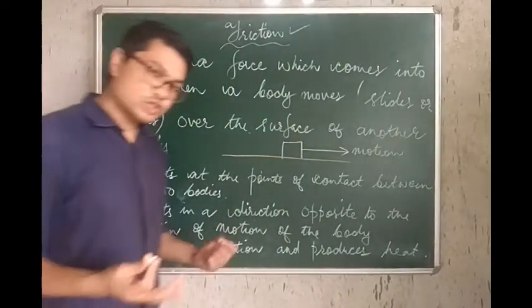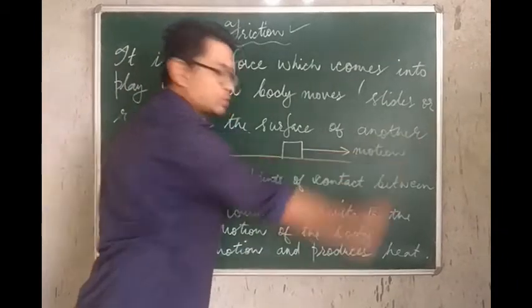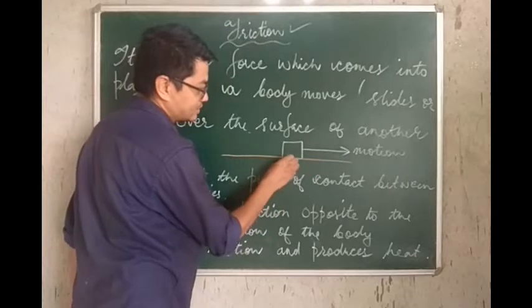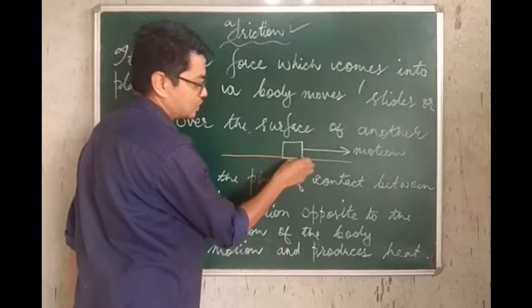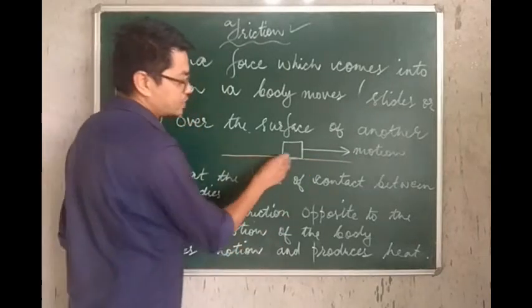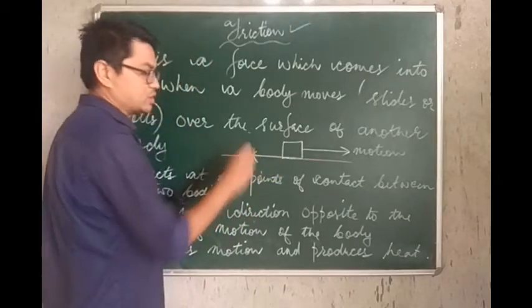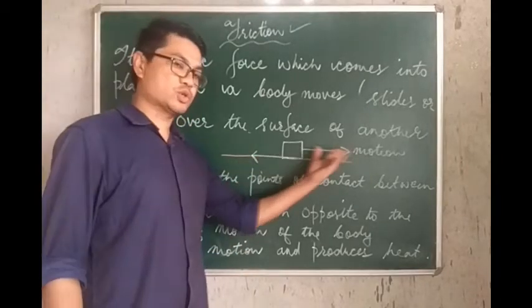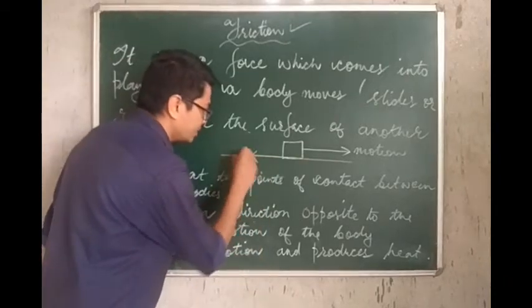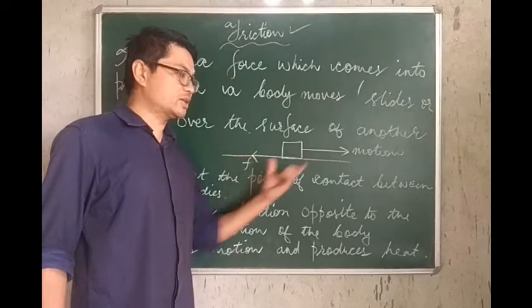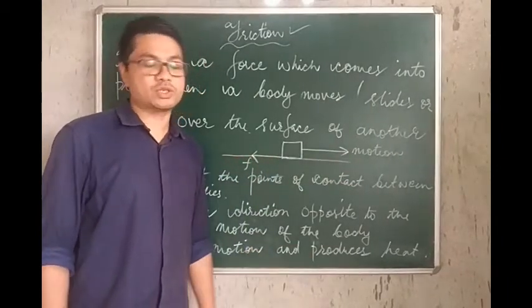So where does friction act? When the body is moving towards the right hand side, friction always acts at these points, that is the points of contact between the two bodies, and friction is always directed in a direction opposite to the direction of motion of the body. So if friction is denoted by a small f, friction is in the direction opposite to the direction of motion of the body.